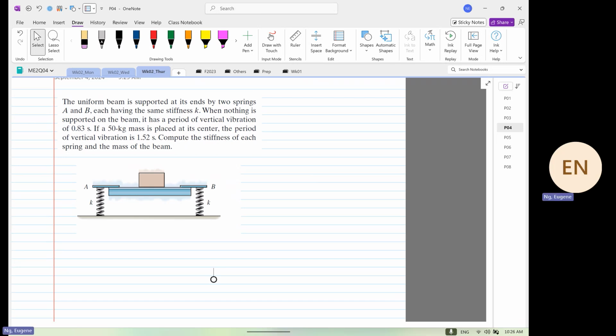If a 50 kilogram mass is placed at its center, the period of the vertical vibration is 1.25 seconds. Compute the stiffness of the spring. Okay. So we are going to try to formulate the stiffness of the spring for this case.